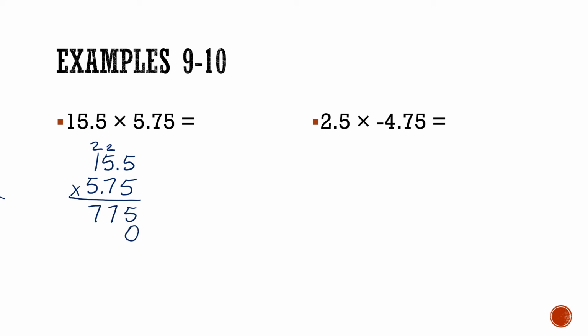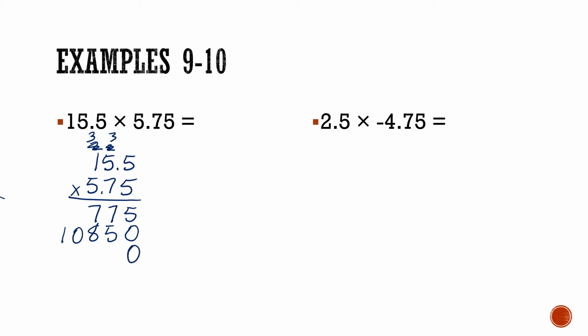Put a 0 in your placeholder. 7 times 5 is 35, so 5. We're going to carry a 3 this time. 7 times 5 is 35, plus that 3 makes 38, so 8, and carry a 3 this time. 7 times 1 is 7, plus that 3 makes 10.